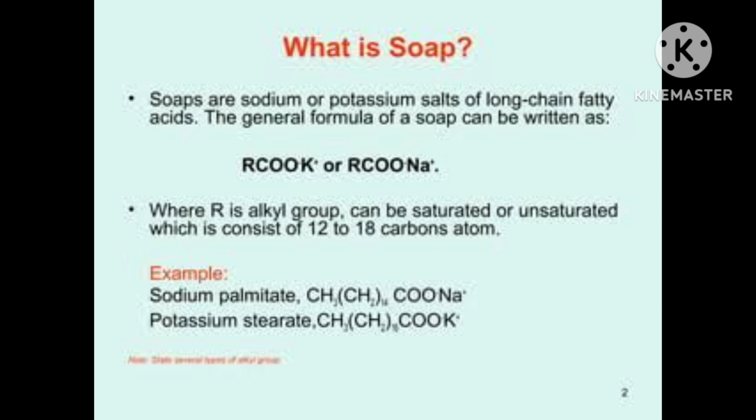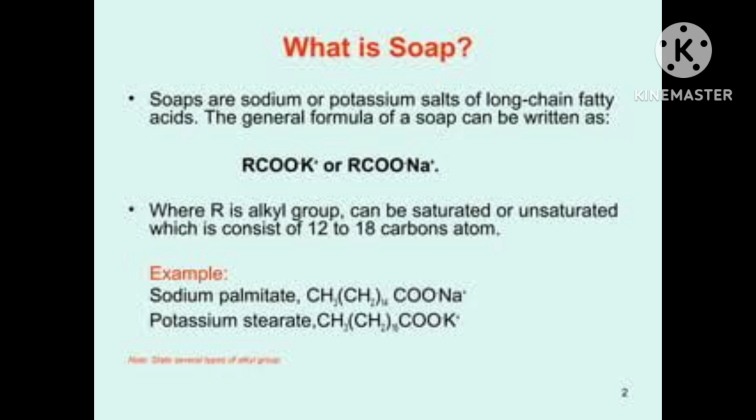Calcium salt means calcium chloride, calcium sulfate, calcium nitrate, and magnesium chloride, magnesium sulfate, magnesium nitrate.